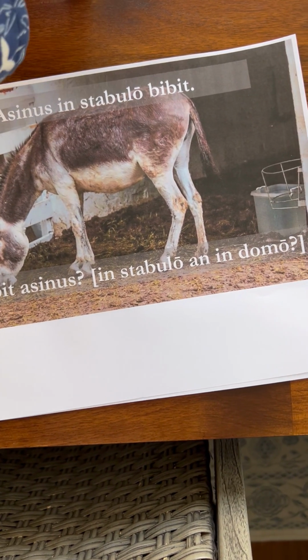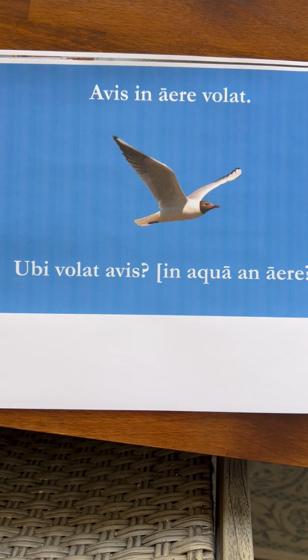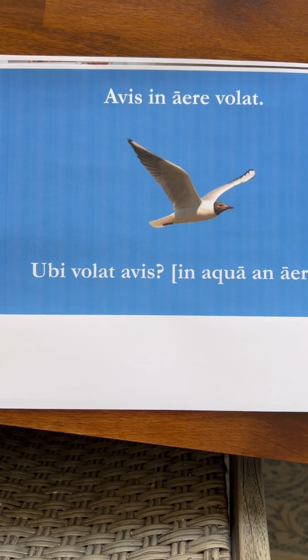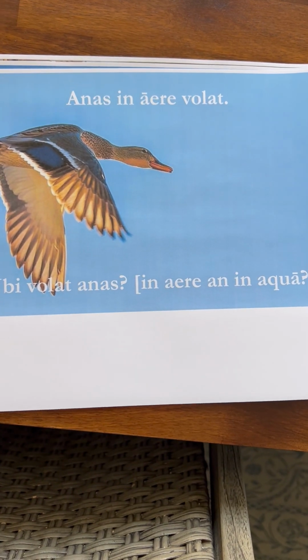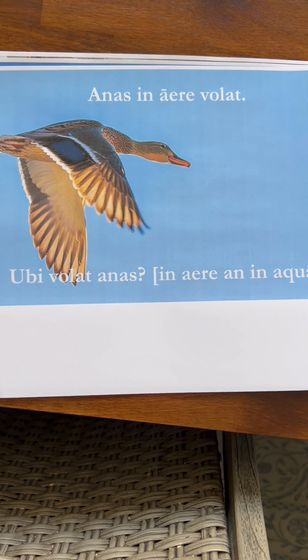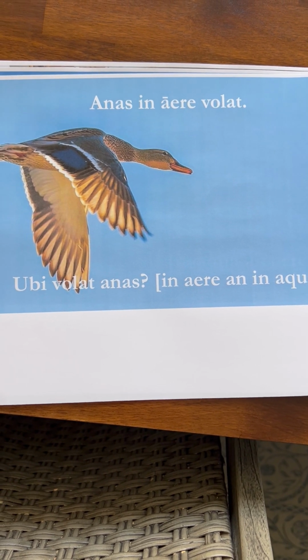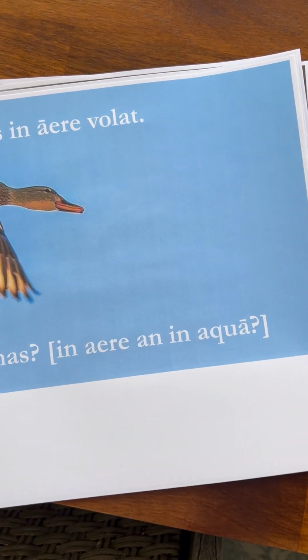Now, next one, we have avis in aere volat. And we also have anas in aere volat. Those are the 2 examples I had pictures close at hand for. Now another one with anas.